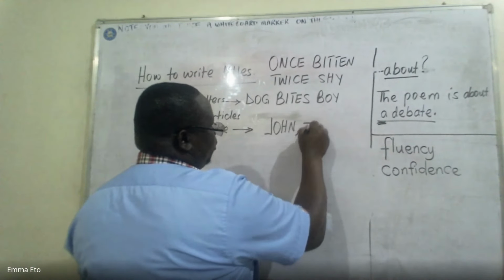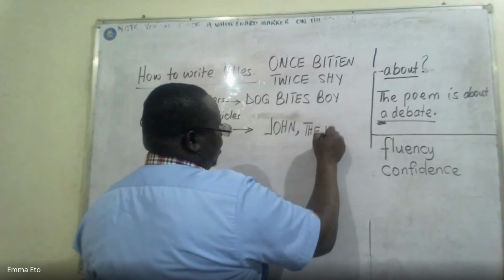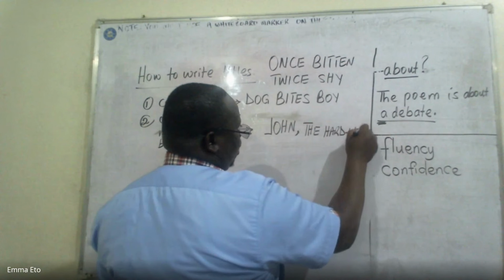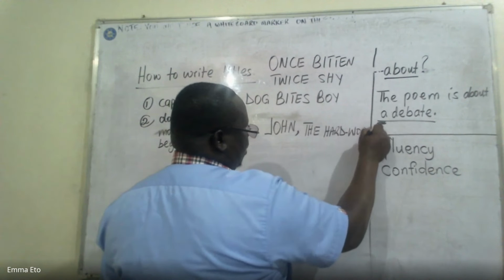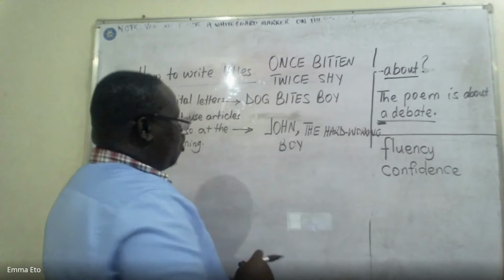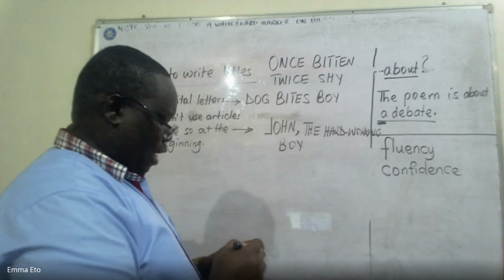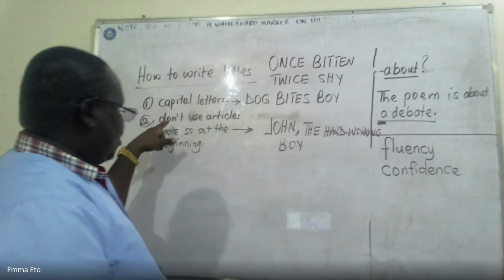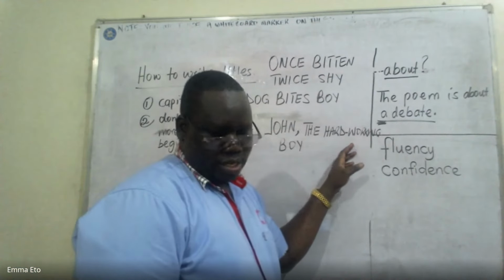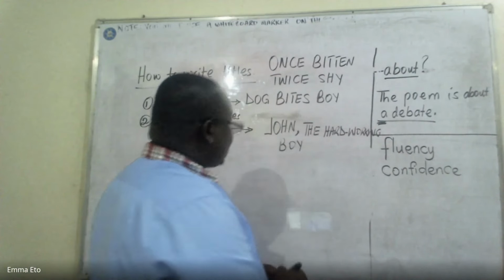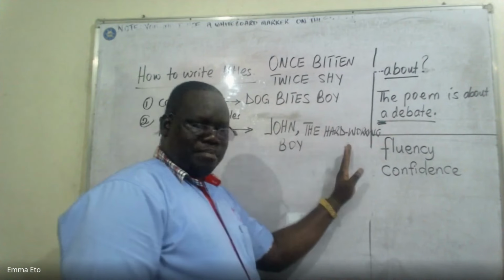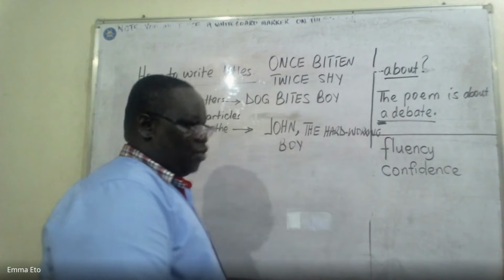Then I can now use the article: the hardworking boy. No full stop, because it's not a sentence. So don't use articles at the start. Don't say the hardworking boy. The better way would be a hardworking boy, without articles.